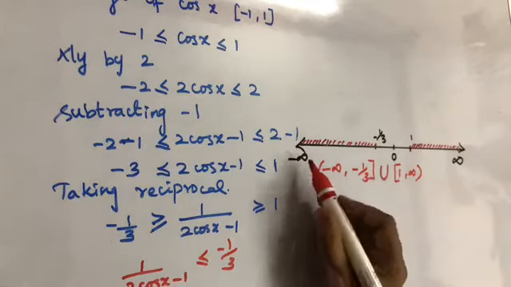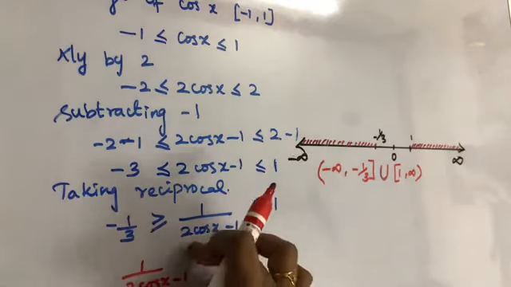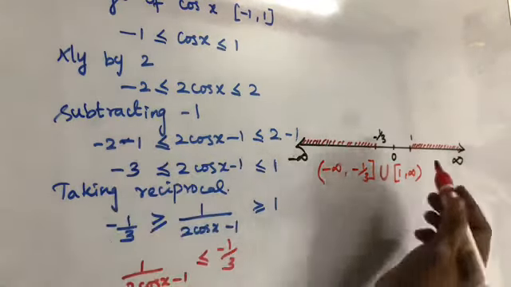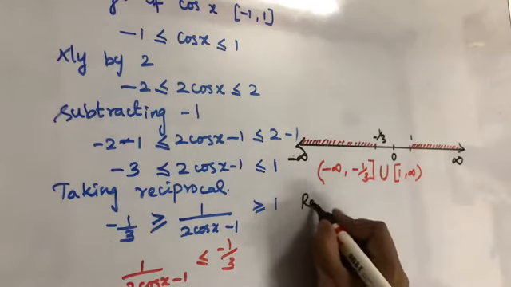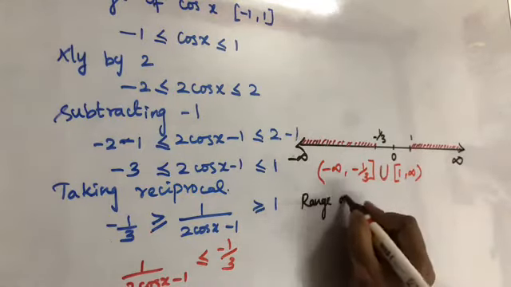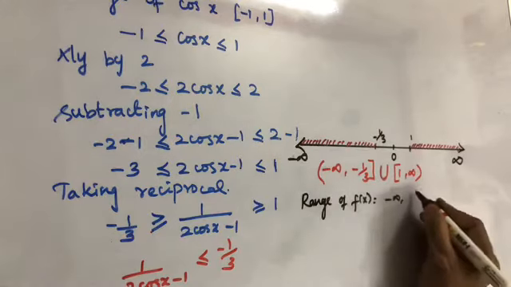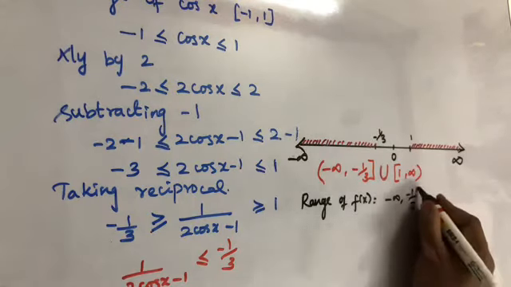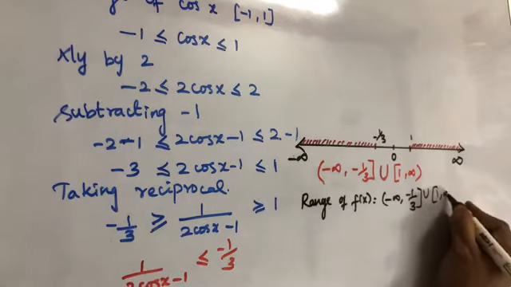So minus infinity to minus 1 by 3, similarly 1 to infinity. So this is the range. Range of f of x is equal to minus infinity to minus 1 by 3 union 1 to infinity.